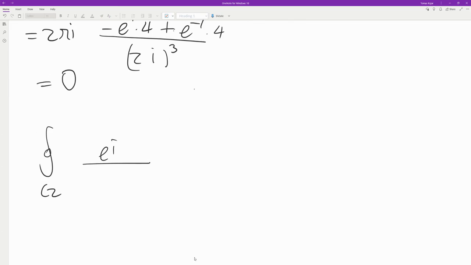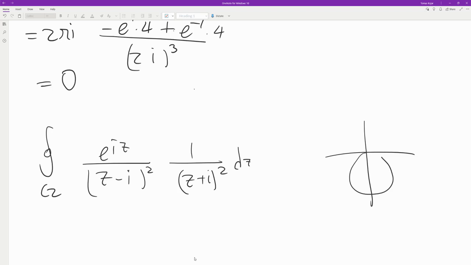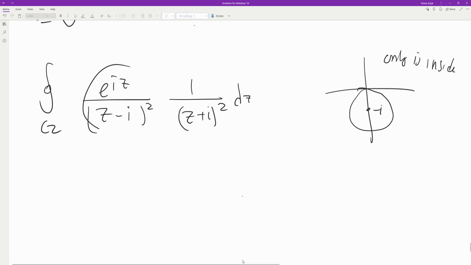C2. Okay, this guy is the guy below, and he has a pole at minus i, so only minus i is inside. And let's do Cauchy integral, but now for this guy. So this is f. Good.